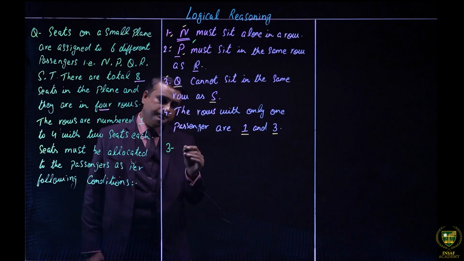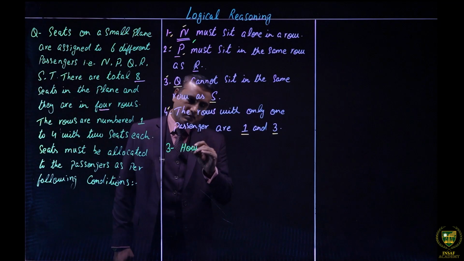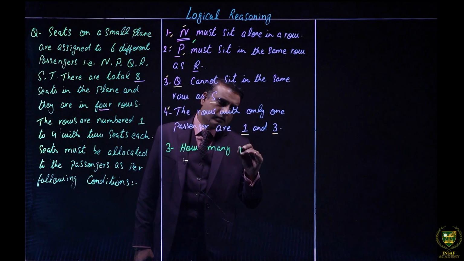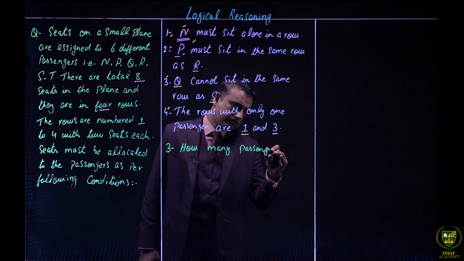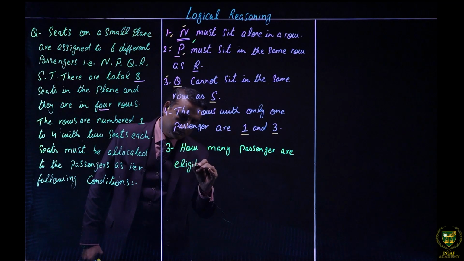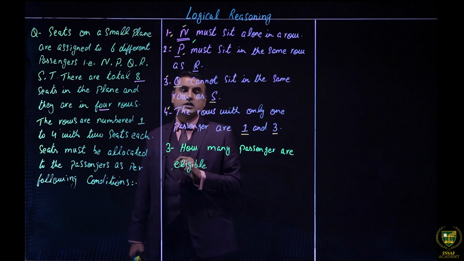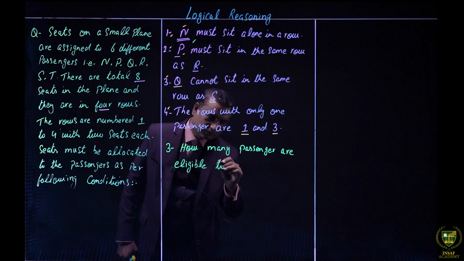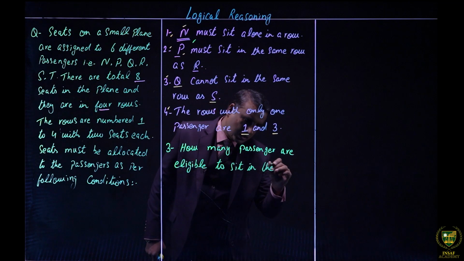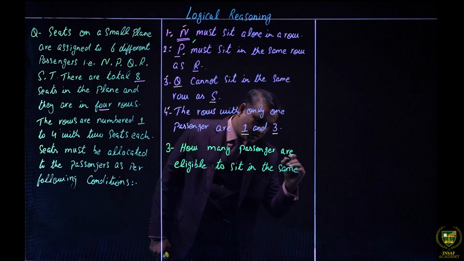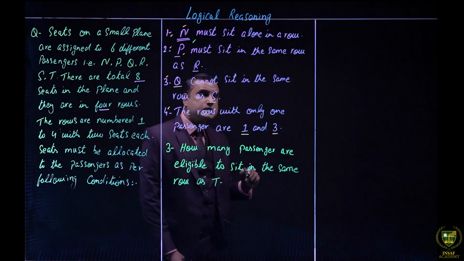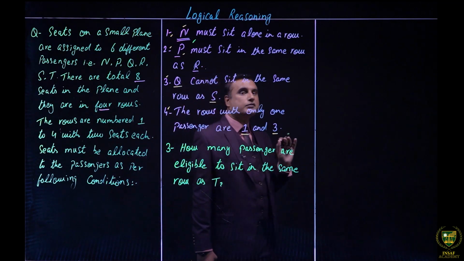The third one is: how many passengers are eligible to sit in the same row as T. Now that is a very tricky question.